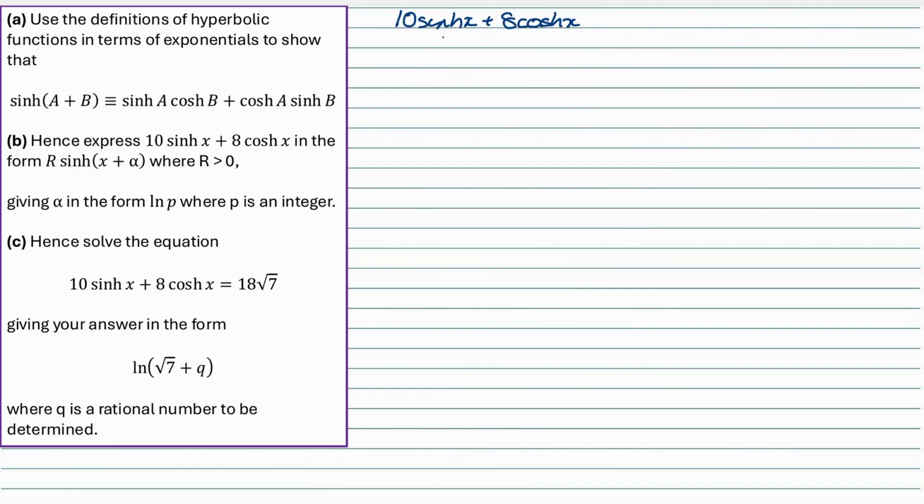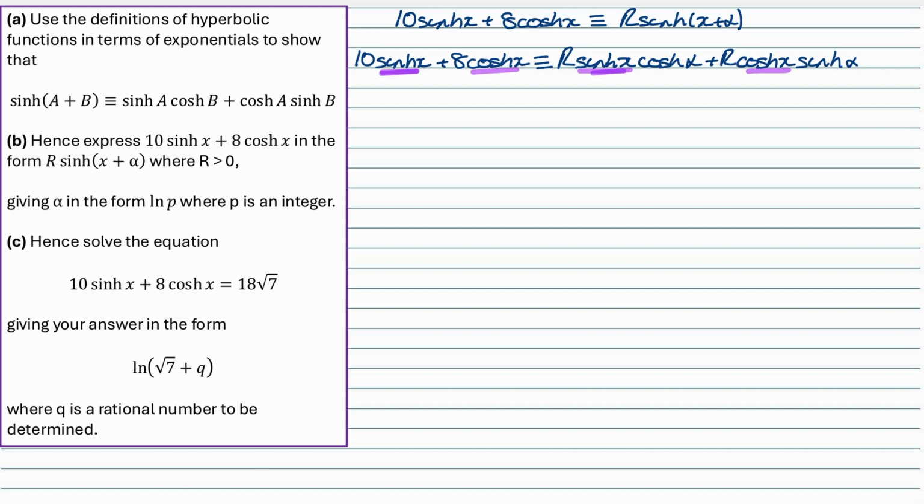So if we say then that 10 sinh of x plus 8 cosh of x is identical to r sinh of x plus alpha, we know we can write this right-hand side in this form, where the a term will be replaced with x and the b term replaced with alpha. And then we can expand out this r. Now if we match up the terms, this sinh of x will match with this one, and the cosh of x will match with this one.